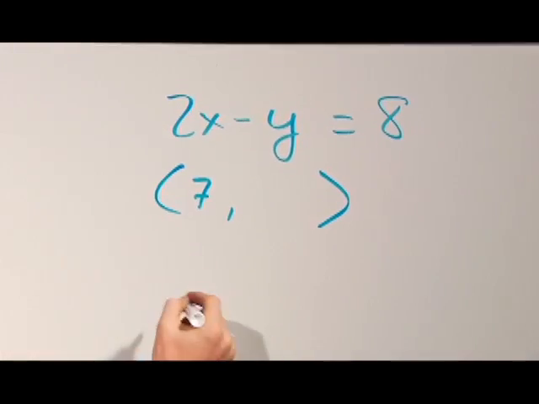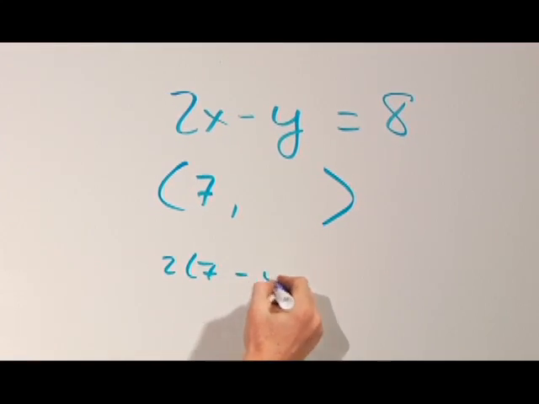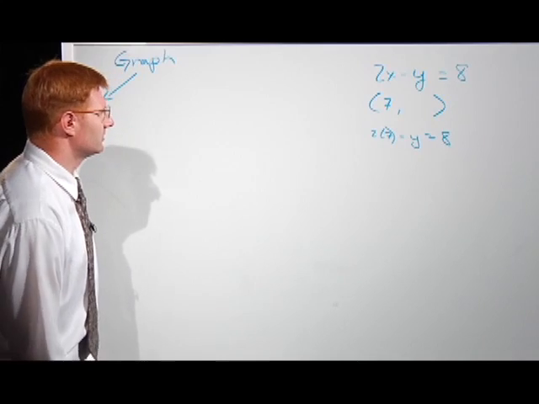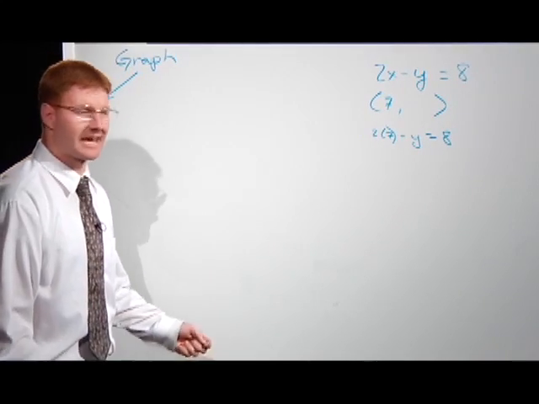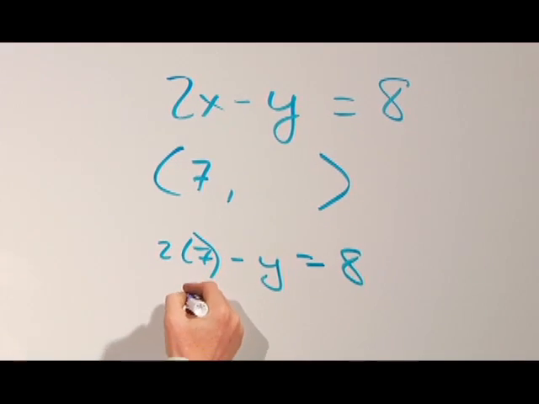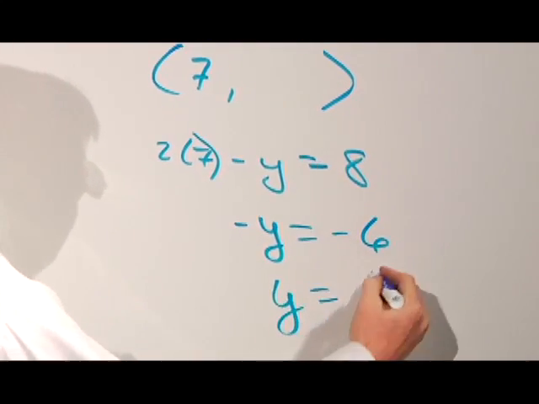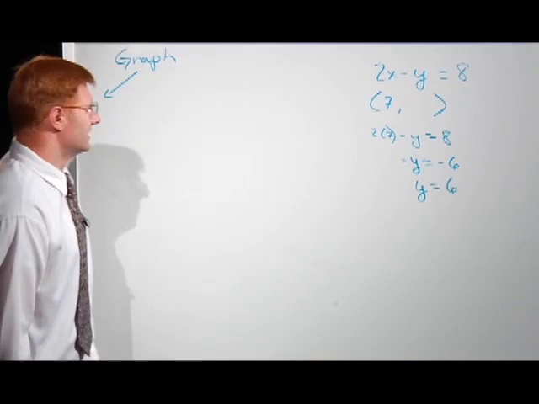Stick a 7 right up there. 2 times 7 minus y equals 8. And now you have a one variable equation that's easy to solve. Piece of cake. So 2 times 7 is 14. Subtract 14 from both sides. You get minus y equals negative 6. y equals 6.